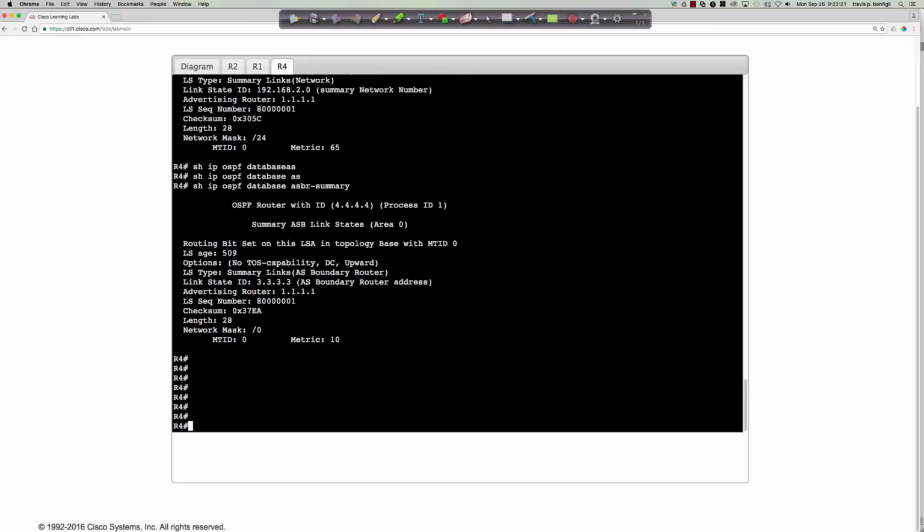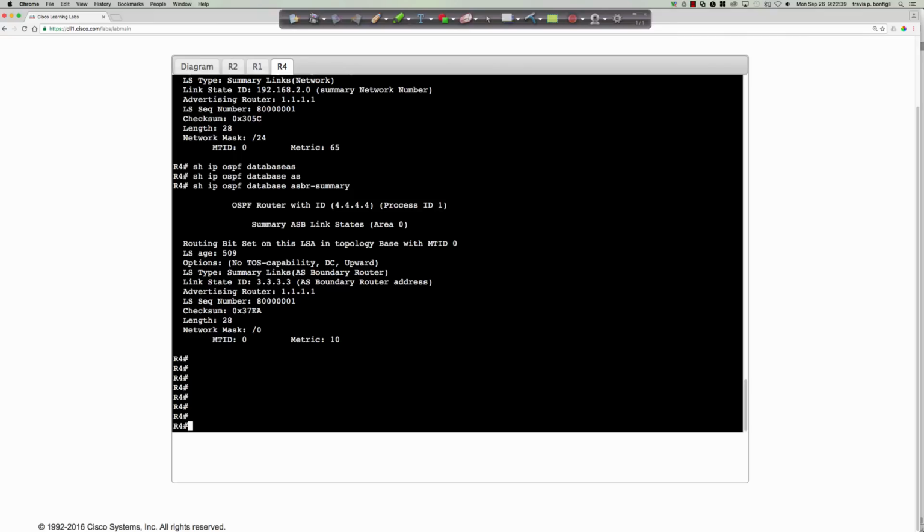It's to that OSPF router that has an interface that's running OSPF and is in an OSPF area, as well as an interface that's receiving external routing information. And so again, you can see that it gives us that information here.